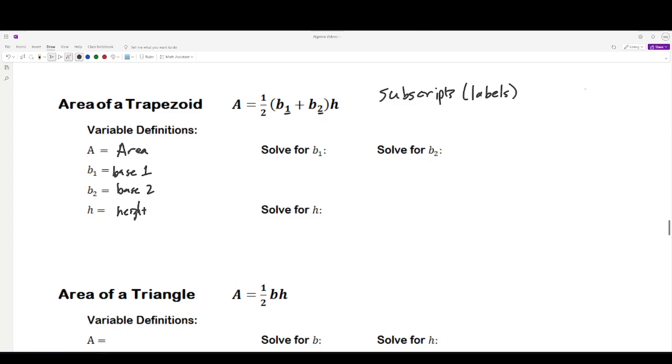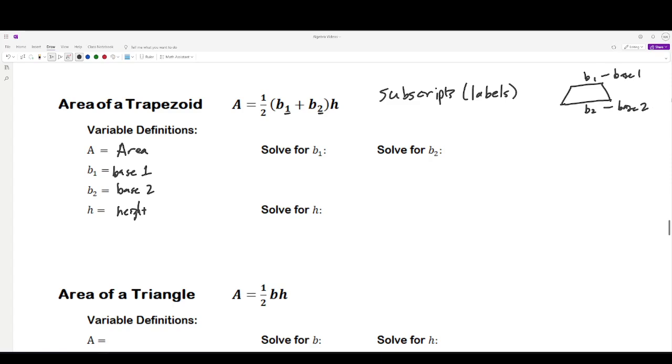Since there are two bases, you may remember a trapezoid has two different bases that are different lengths. So in order to differentiate them, we put a subscript, which is a little number down below the letter, and it's not anything mathematical. It's literally just a name saying that this is base 1 and this is base 2.